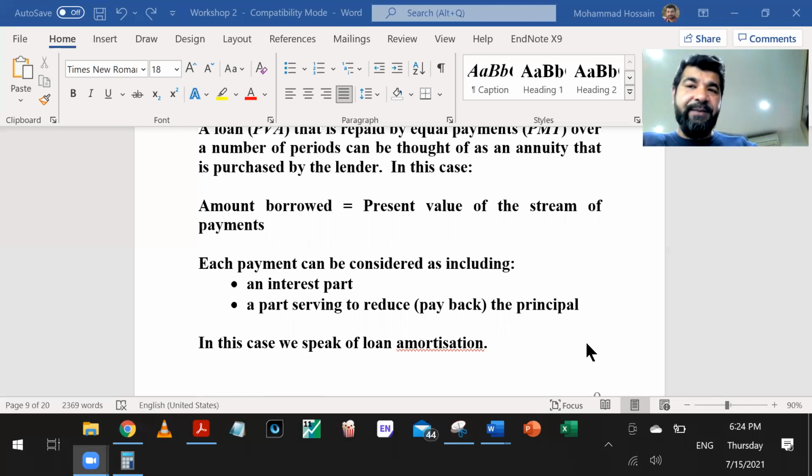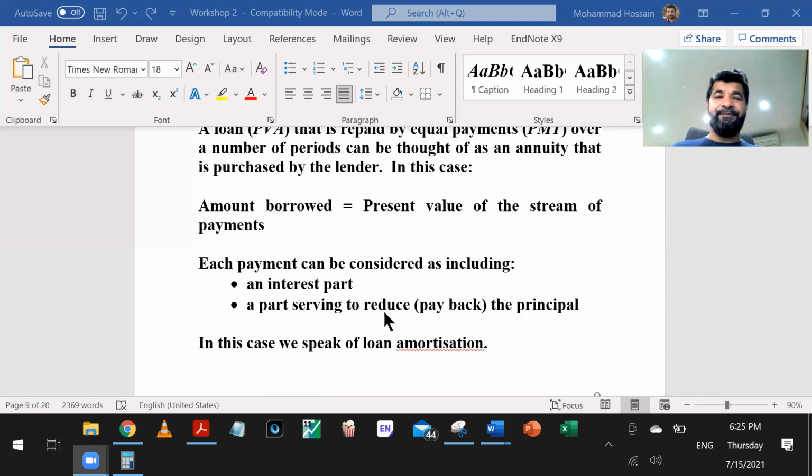After you make the first payment, you have actually paid the interest, because $30,000 has been used for 1 month. You pay the interest, plus you also pay some of the principal amount. Let's say $400 you paid as principal and $100 as interest. In the second month, did you use $30,000? No. You used $29,600. Right? So with every payment you make, you are reducing some of the principal amount.